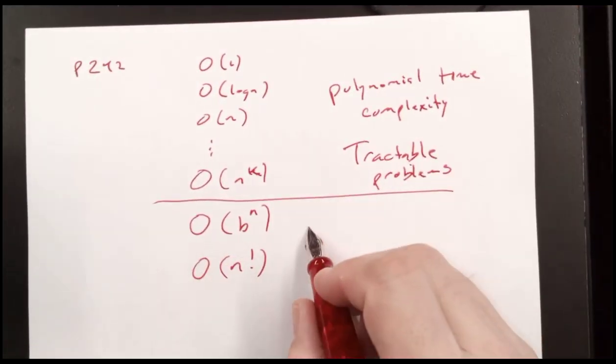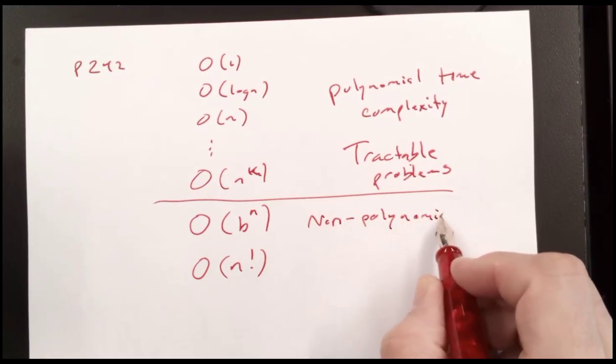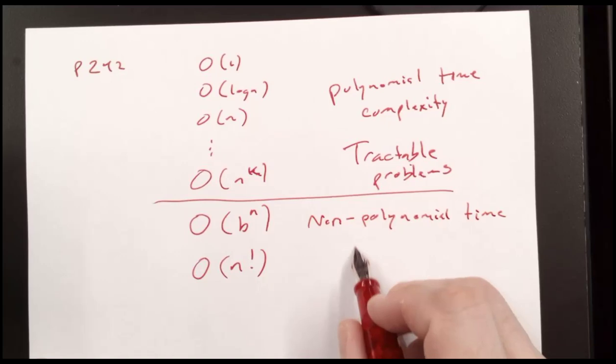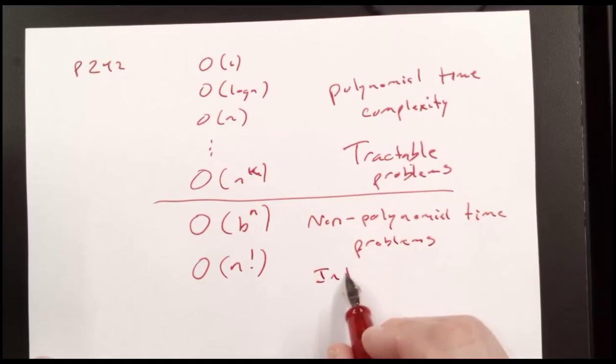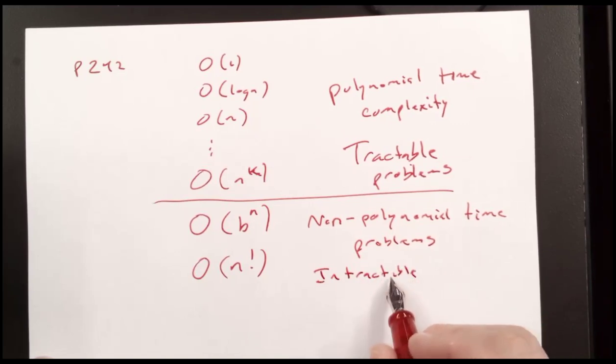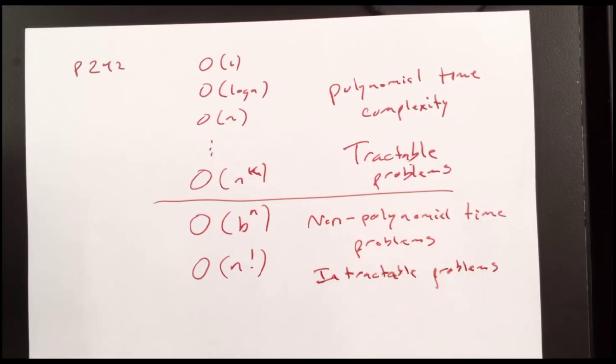Down here, we have the non-polynomial time problems. These are called intractable problems. The difficulty is, if a problem is intractable, writing a general solution is impossible.